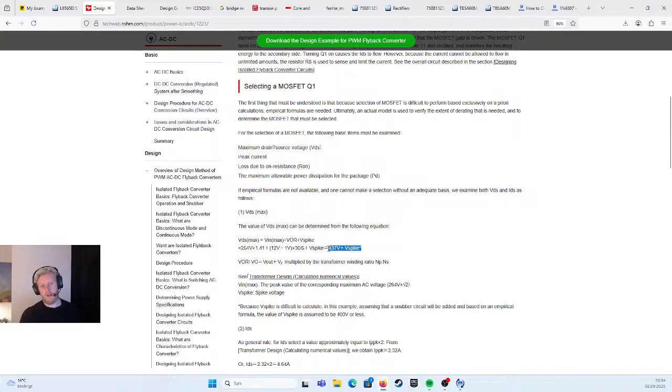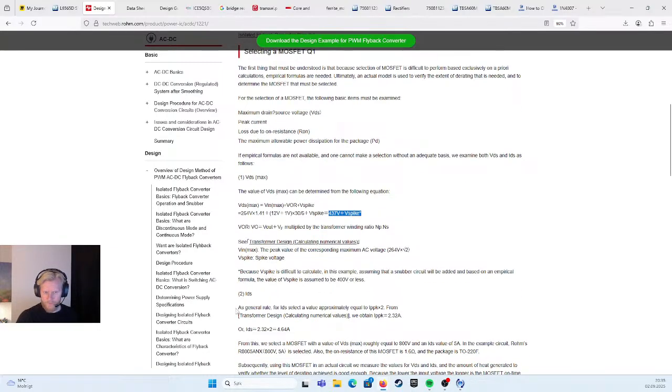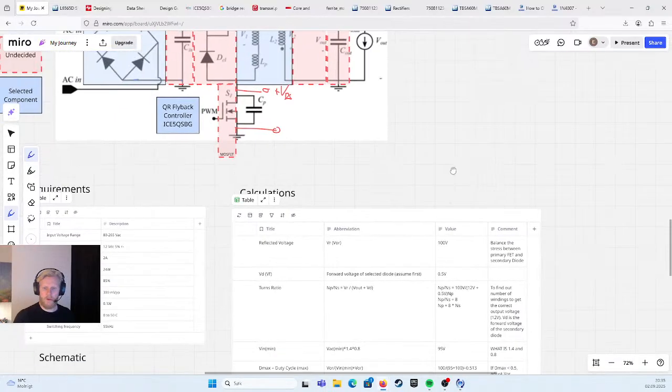That sounds to me that a MOSFET with a maximum rating of 837 volts has to be selected. And the drain to source current should be equal to 2 times the primary peak current. So it should be twice that, and we had roughly the same peak current, I think, 2.4.